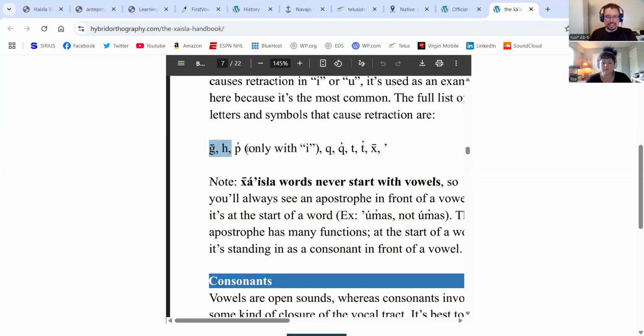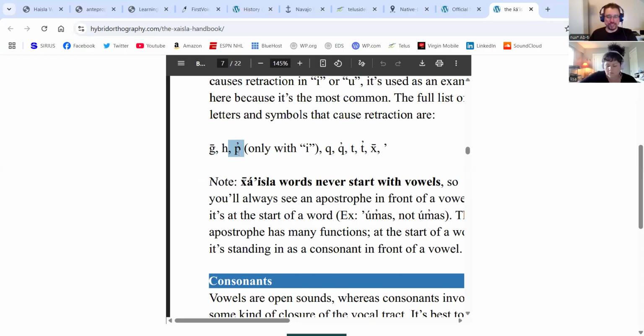Basically, any of these consonants will change the sound of an I or a U. This symbol here is called a G bar. A G bar and an I sounds like gray. An H and an I sounds like hey. This apostrophe on top of the P makes it what we call ejective.